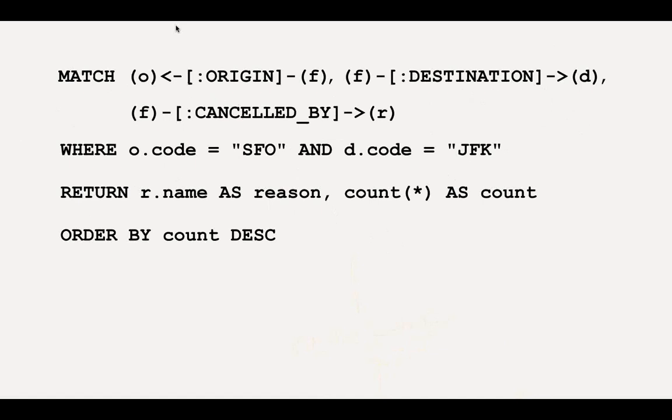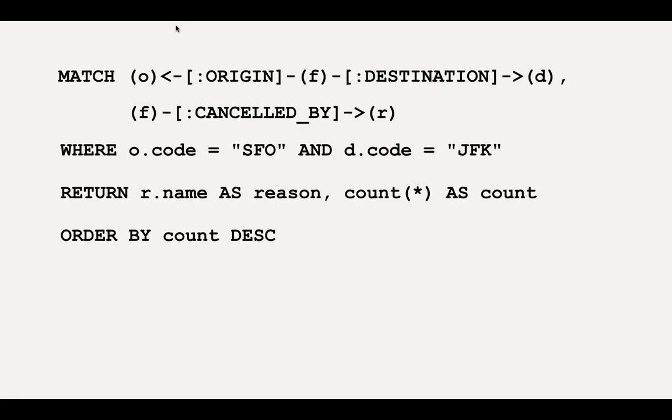what I actually have here is a legal Neo4j query. In fact, I can simplify it a little by using that flight twice. What this says is, hey, database, find me patterns where I have some flight F, which has an outgoing origin relationship to some other node O, and also an outgoing destination relationship to some node D, and where that F, the flight node, has an outgoing cancelled by relationship.